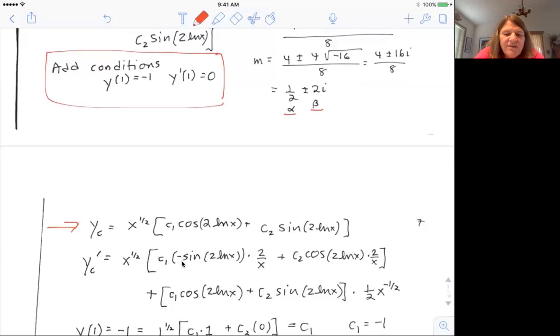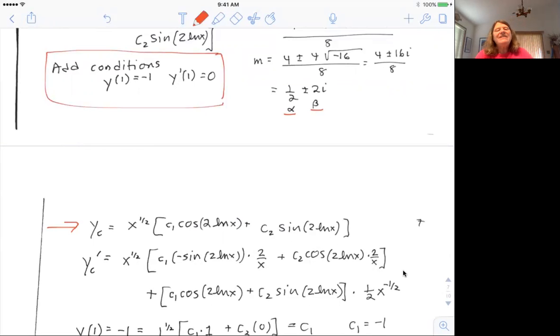If we take the derivative, we're going to have to use some product rule stuff here, guys. So first, derivative of this thing, be careful with this. The derivative of cosine is minus sine, but then you've got to take the derivative of the inside, which will be 2 over x, plus the derivative of that, of course, will be cosine 2 log x, and then again times the derivative of the inside, which is 2 over x, plus the second thing times the derivative of the first, which is 1/2 x to the minus 1/2.